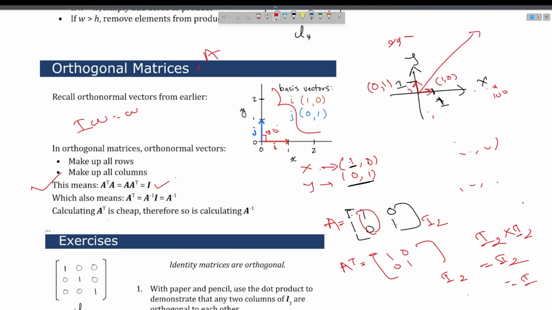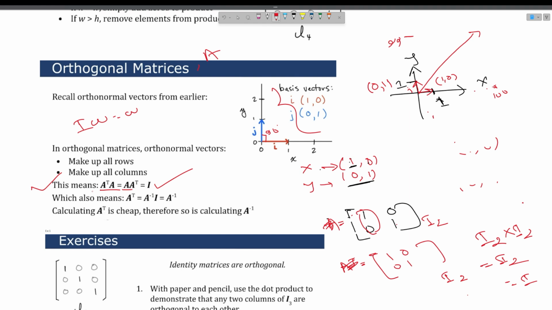Now, if I just remove this one, can you identify which is A transpose and which is A? You can't. That is one of the reasons that if you multiply A transpose and A, or A into A transpose, it just ends up with I. There is no problem with that.